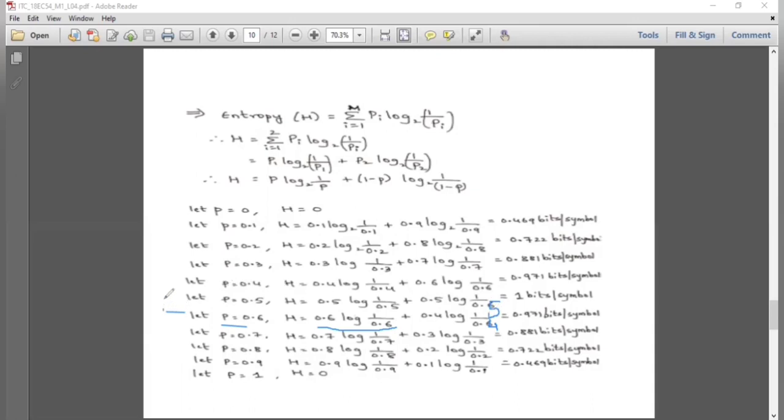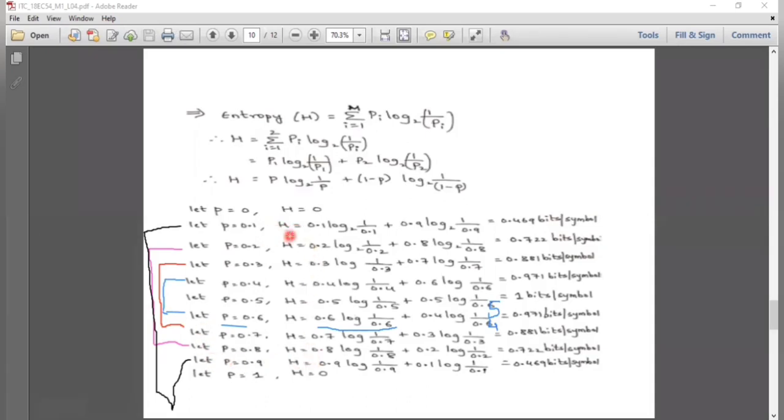So if you compare 0.6 with 0.4, 0.3 with 0.7, 0.2 with 0.8, and 0.1 with 0.9, the H values are similar.